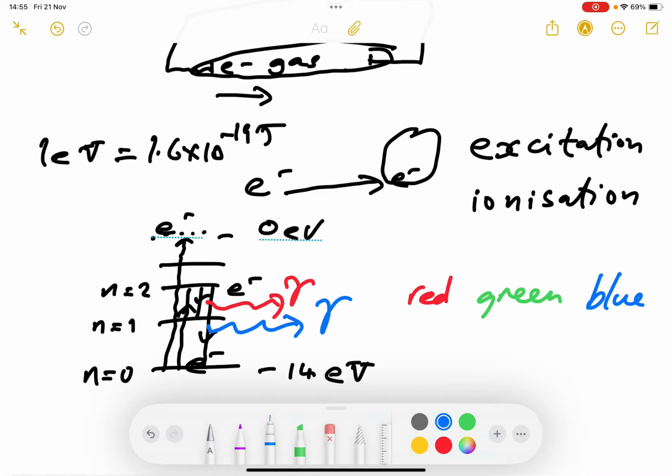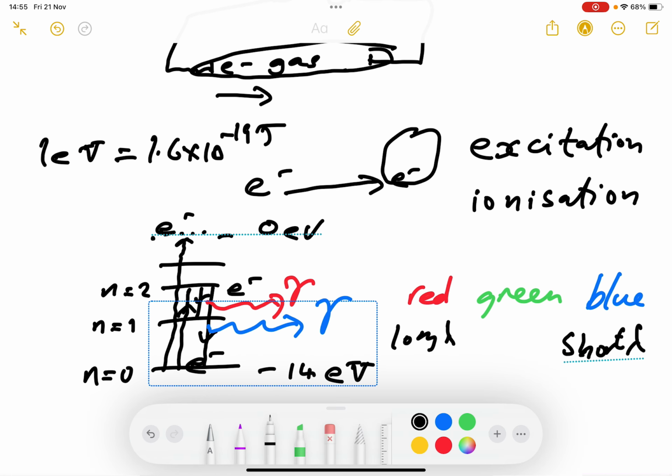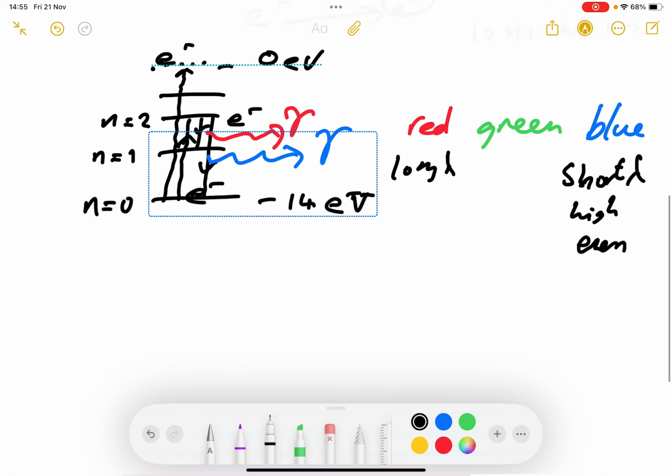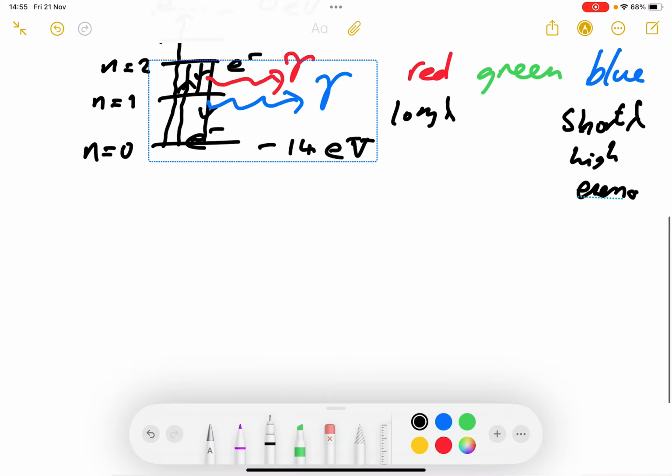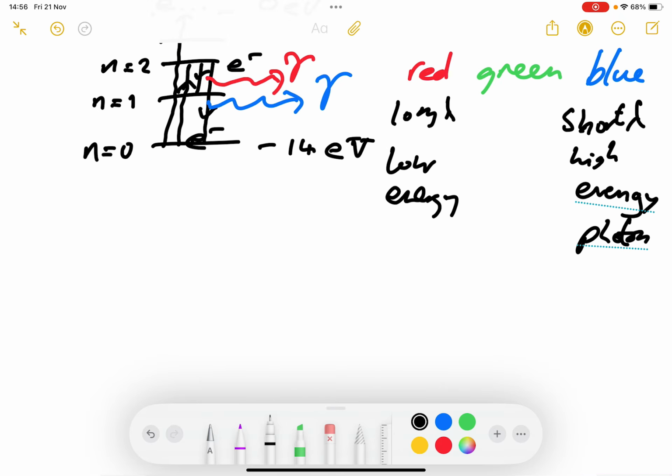So this is long wavelength. No, it isn't. That is short wavelength. This is long wavelength, but these are high energy photons, and these are low energy photons.